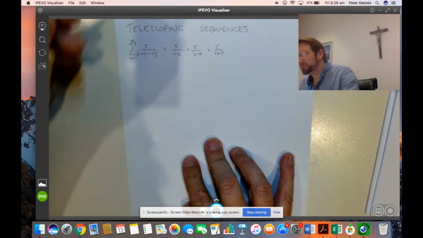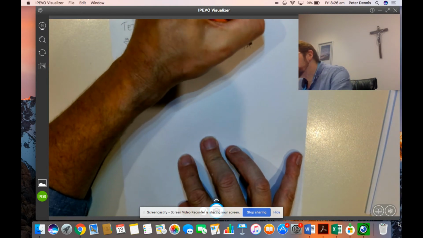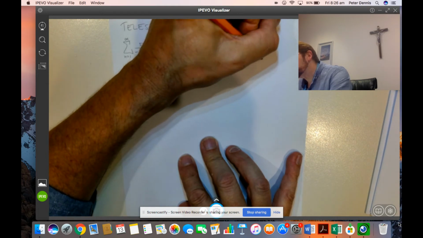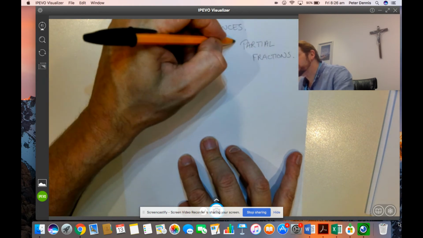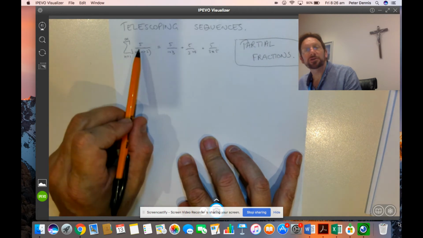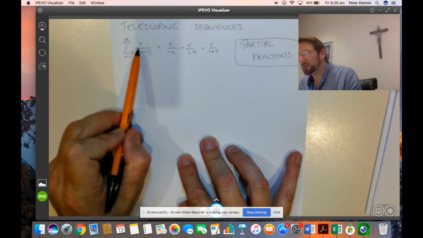Now, most of the time with telescopic sequences, we use partial fractions. Usually with these telescopic sequences or series, whatever you want to call it, you have a fraction, and we look at it as a partial fraction.